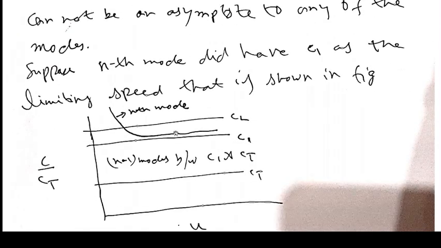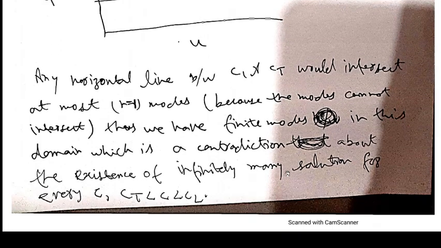But if we suppose that C dash is an asymptote to any mode, say the nth mode, then we have a finite number of solutions of the above equation for C between C dash and CT, which is a contradiction about the existence of infinitely many solutions for every C when C lies in this range.